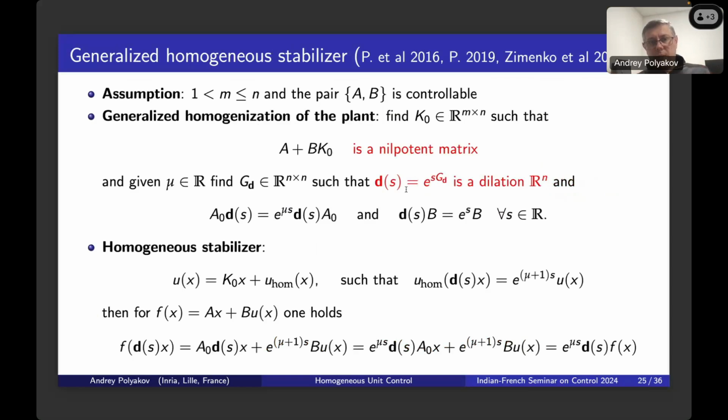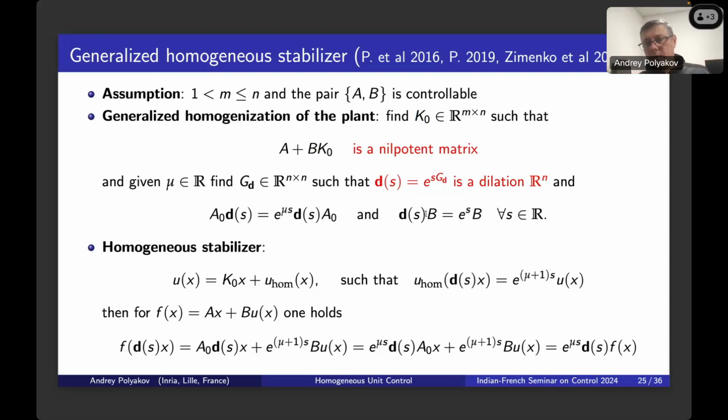So here is just the basic idea of how we are going to design our homogeneous unit control. First we need to find some gain k0 which makes the matrix A plus Bk0 homogeneous or nilpotent, in fact homogeneous with respect to some dilation generated by an anti-Hurwitz matrix GT, and homogeneous of the required degree mu.